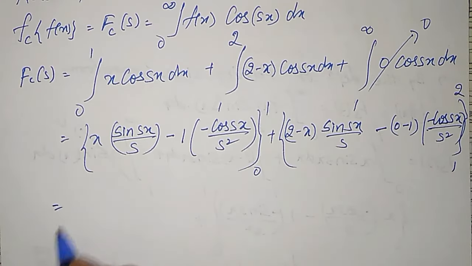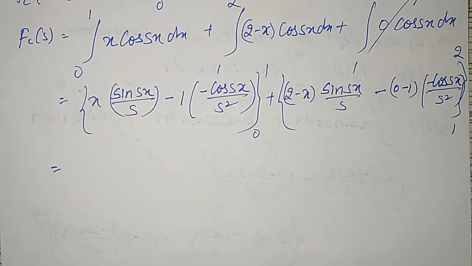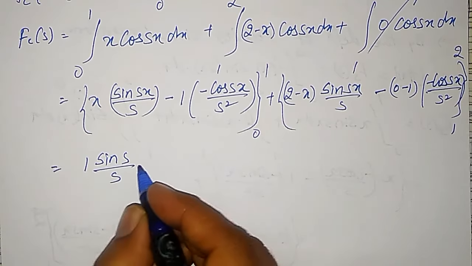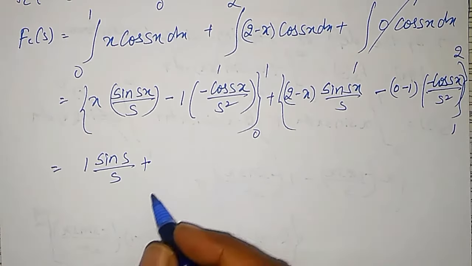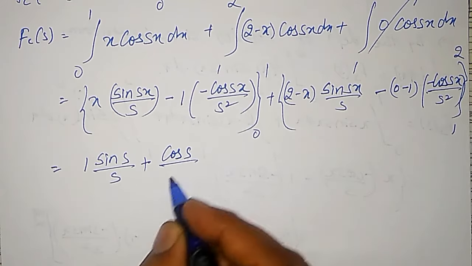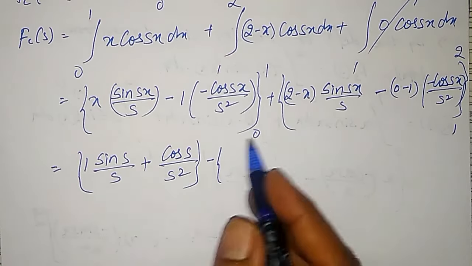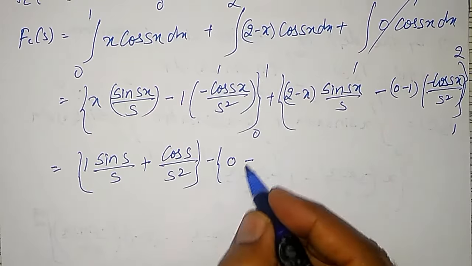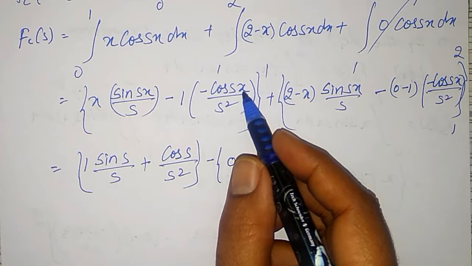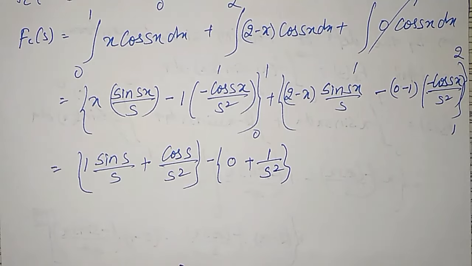Now I have to substitute the upper limit and lower limit for both the integrals. That is, for upper limit x equal to 1 first, 1 into sin s divided by s minus of minus, plus 1 since x equal to 1, therefore cos s divided by s square. Upper limit minus lower limit x equal to 0, 0 into anything will become 0, minus of minus plus cos sx, cos 0. Cos 0 is 1 divided by s square. Correct?